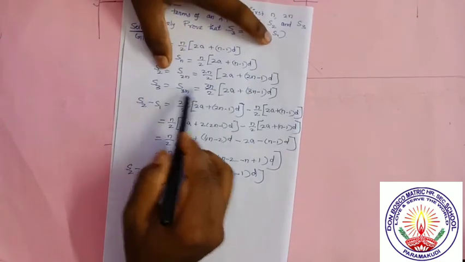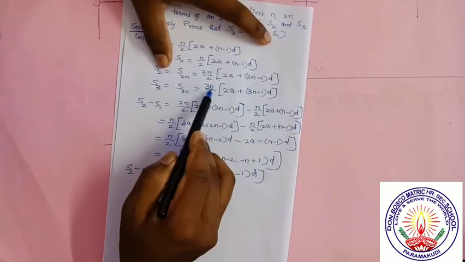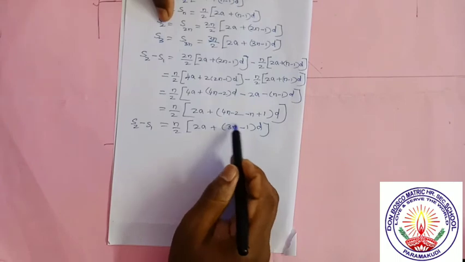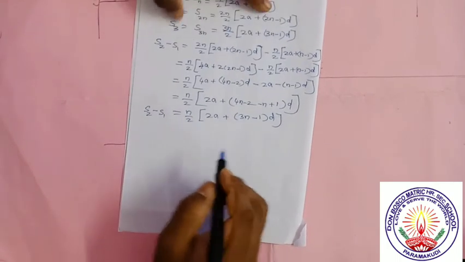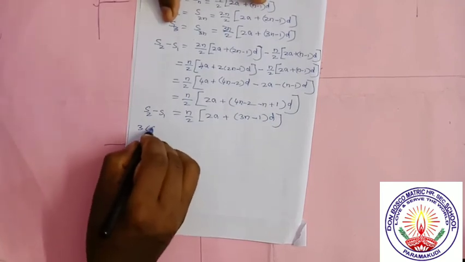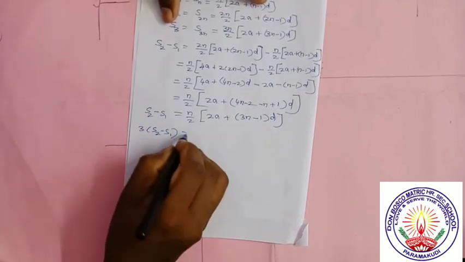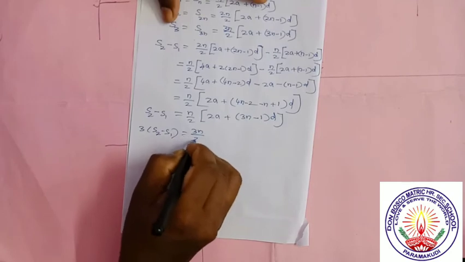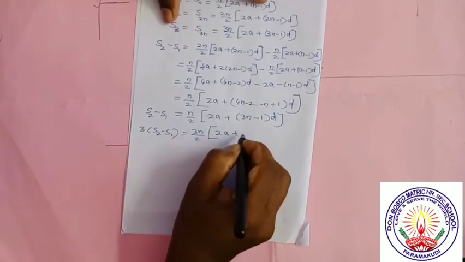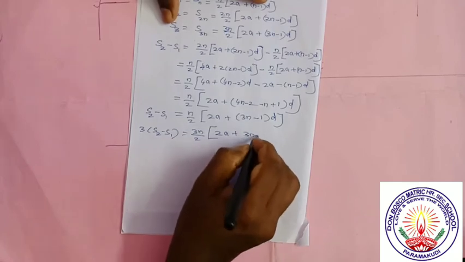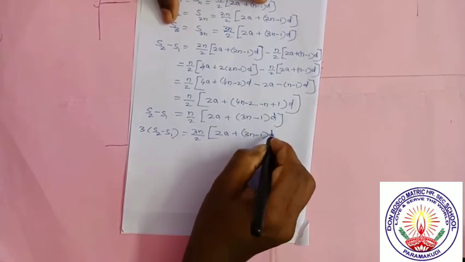In S3, outside is 3n, but here inside we have arrived at 3n, and outside only n, so we have to multiply by 3. When you multiply 3 into S2 minus S1, 3n by 2 will come, and inside 2a plus 3n minus 1 into d.